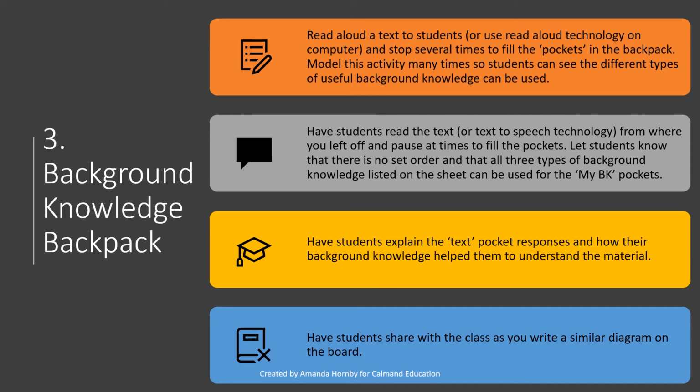You can model this activity lots and lots of times so that the student can use different types of background knowledge. Then you would read the text or use the text-to-speech technology from where you left off and pause at certain times to fill in the pockets of the backpack with the information that they've learned.